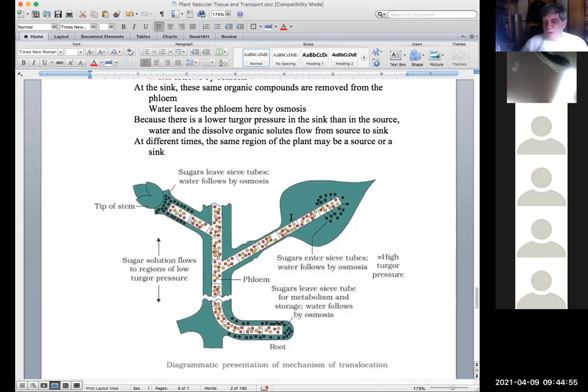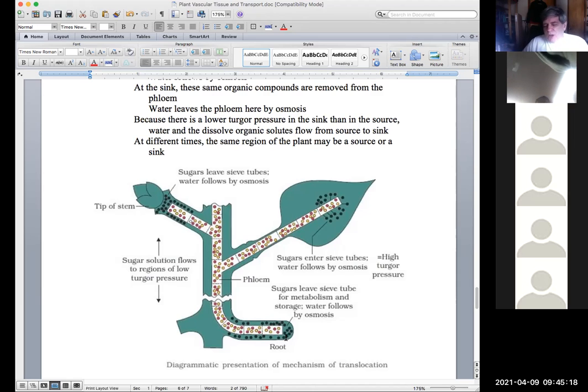But there's one thing that's true when phloem transports materials. Phloem always transports materials from something called a source, which in this example is the leaf, and it always transports it from the source to a sink.